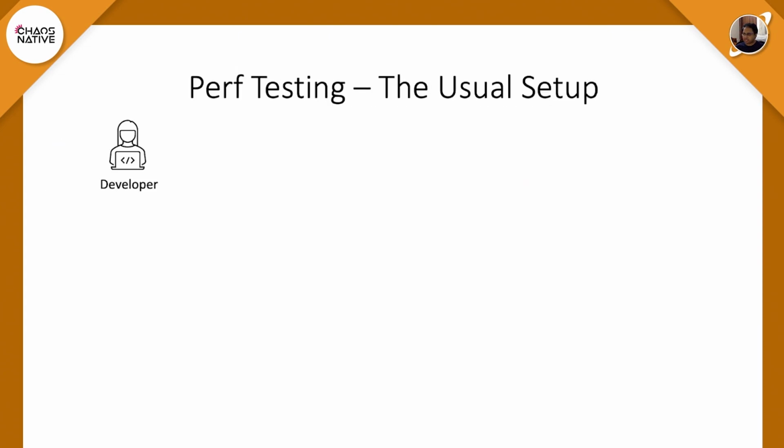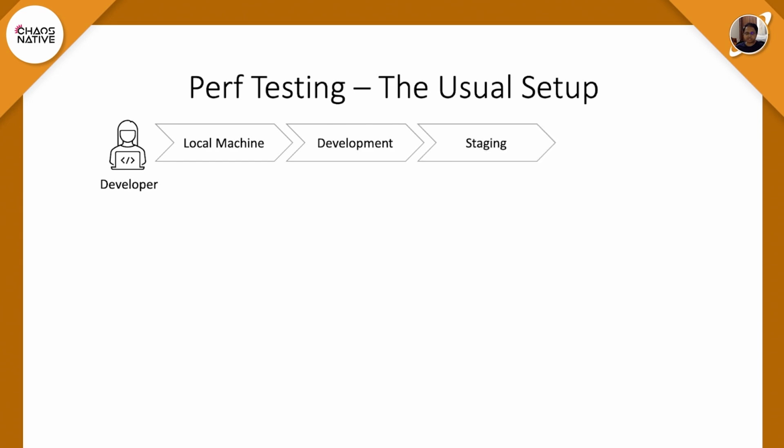So let's understand first what the current setup with performance testing is and why we have that kind of an issue. Usually the developer starts writing code on the machine and then pushes it to the development environment and eventually it makes its way into staging.